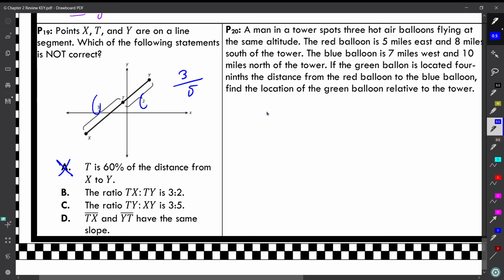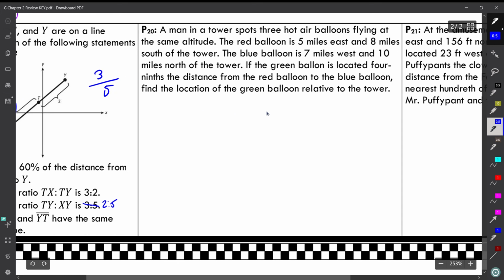That's right. Okay. How about ty to xy? Oh, almost got me here. Ty has ratio part 2. Xy total is 5. This instead of 3 to 5 would be 2 to 5. So that is not correct, and that's our answer.